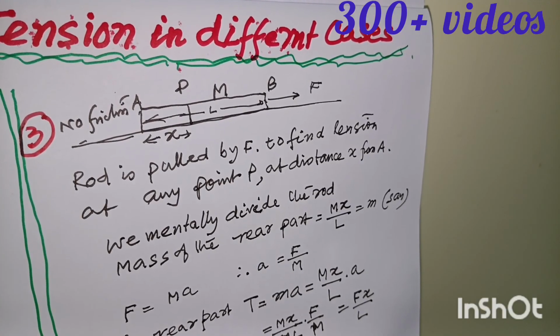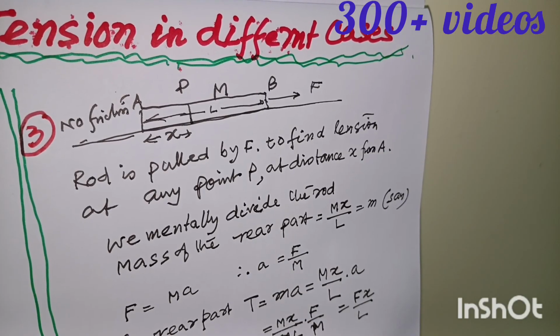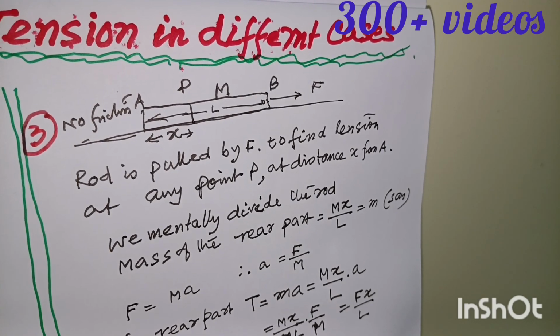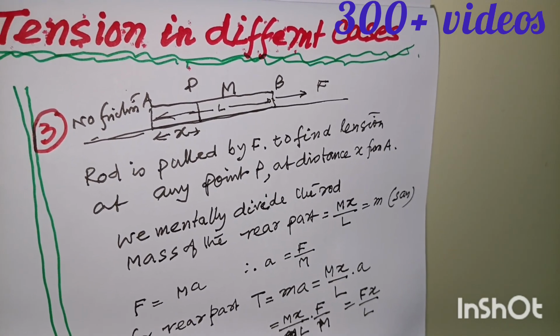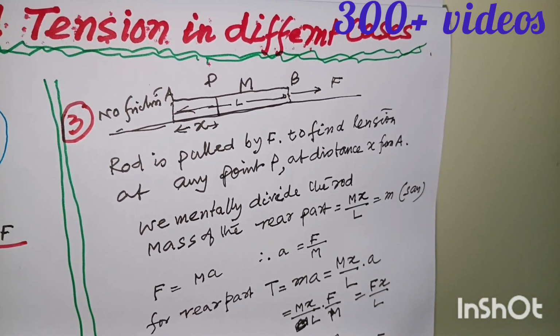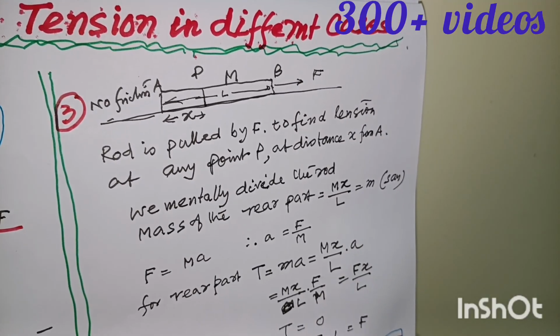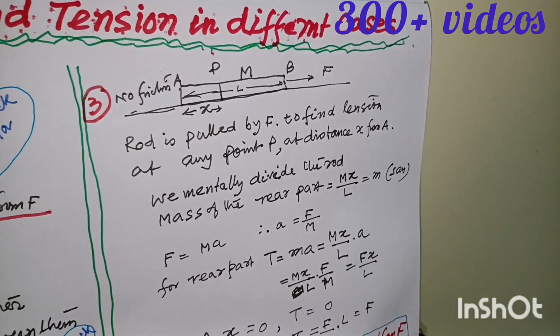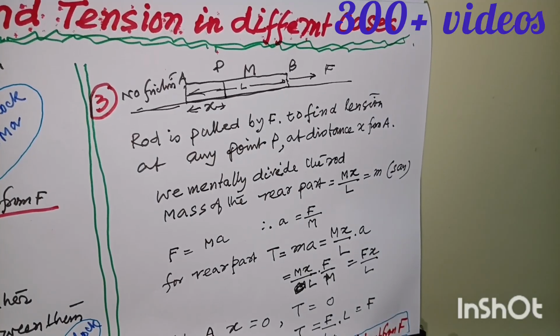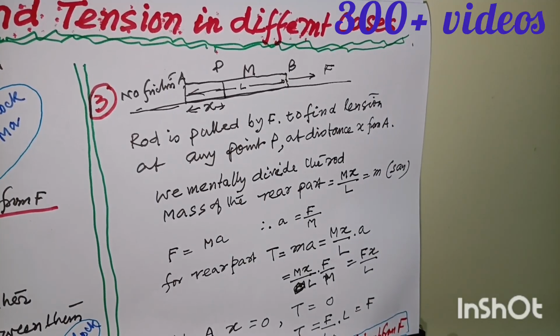Now we can take the front part also, but then we will have to use one more line. That's why we will take the distant part. Distant part is AP, so its mass is capital M into x by L.